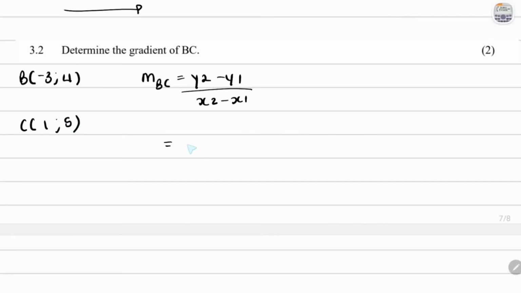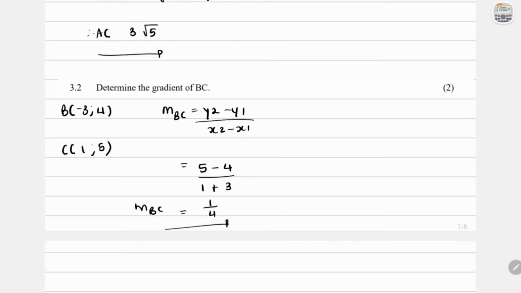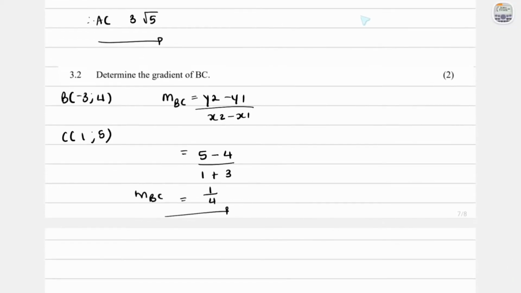I'm going to start with the 5s rather. So 5 minus the 4 over 1 minus negative 3, which becomes a positive 3. Okay, 5 minus 4 is just 1. 1 plus 3 is 4. So our gradient of BC is equal to 1 over 4. Okay, grade 11s, they're making these questions really simple for you guys. So that is it. Moving on to the next question.